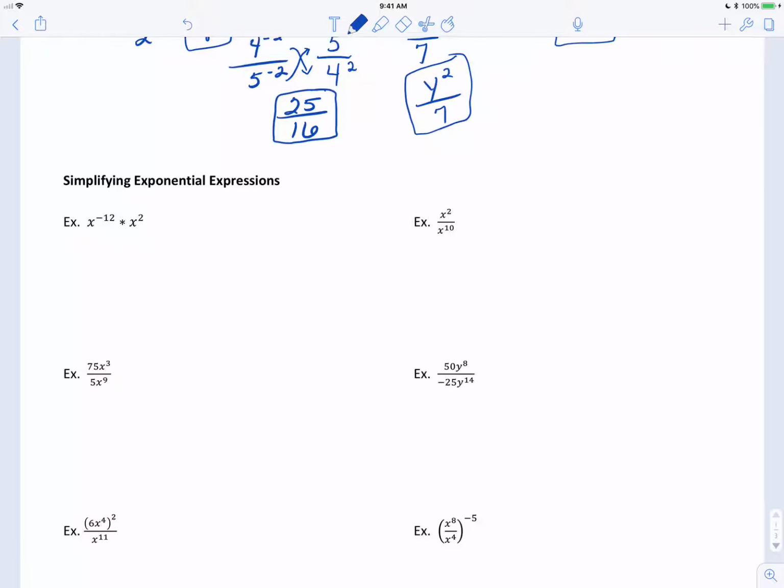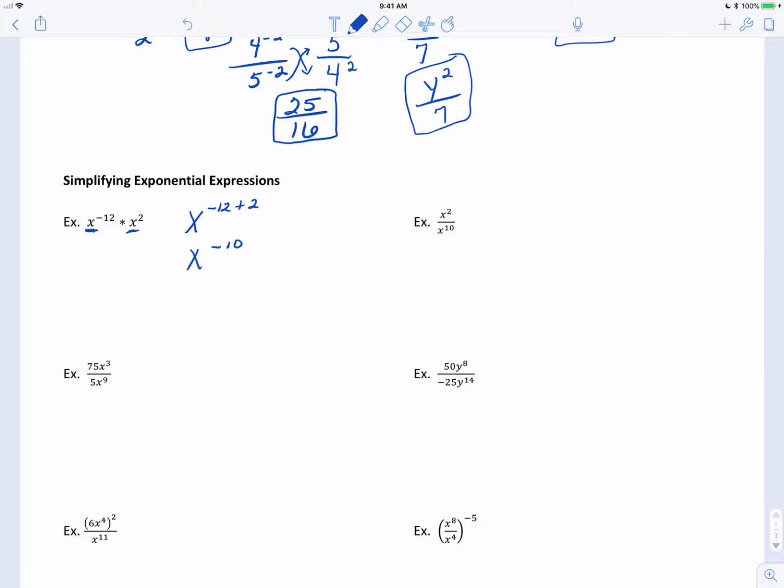Okay, so what's the rule when we multiply that same base with exponents? We add them. So we're going to say x to the negative 12 plus 2. Well, that makes x to the negative 10. So now we need to figure out where we need to put this, because we do not like negative exponents.